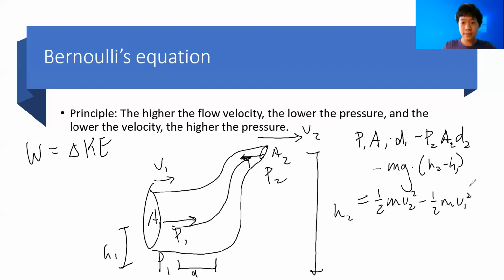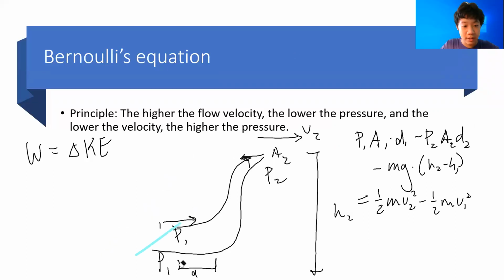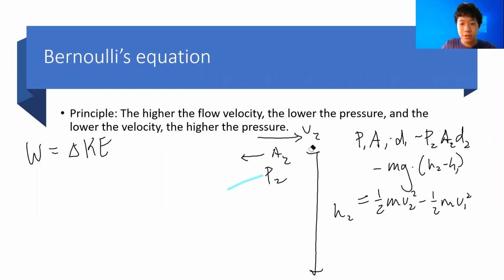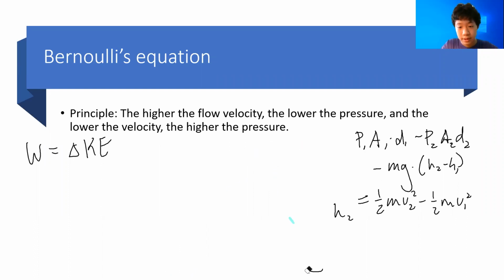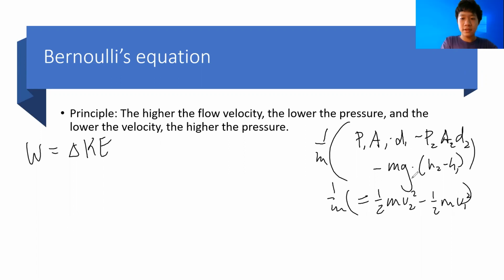All right. So now let's clean this up a little bit, and we will rearrange this equation to get to a nicer equation. The first thing we're going to do is divide through everything by m, since we have 3 terms with m here, so it's reasonable to get rid of them.